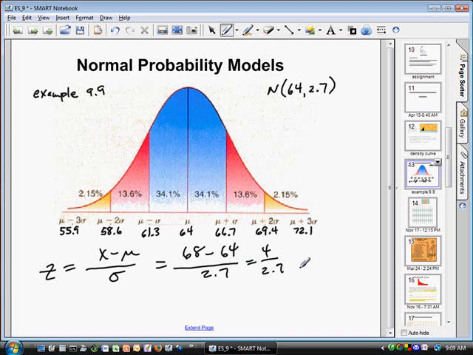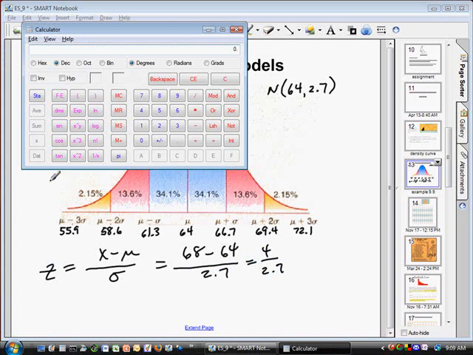So, you got to do a 4 divided by 2.7. That's 1.48 approximately.